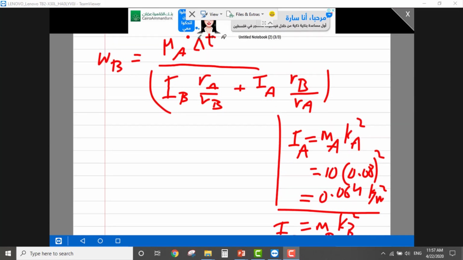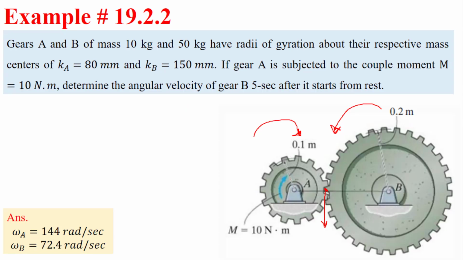Now, going back to this equation, omega B is equal to the moment, which is given to be, I think, 10. Is that 10 in Newton? Yes, 10 in Newton.